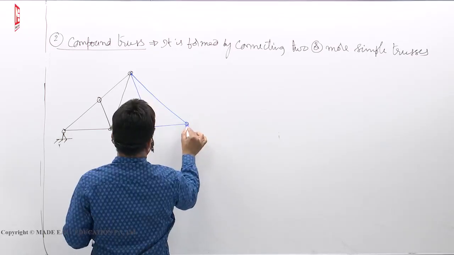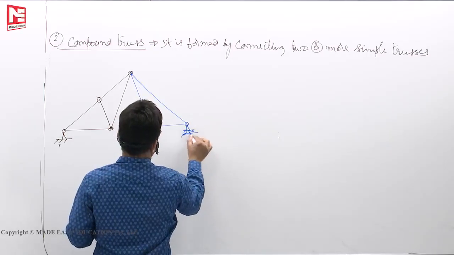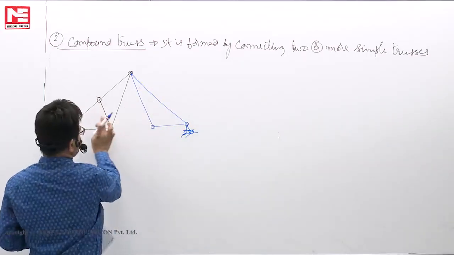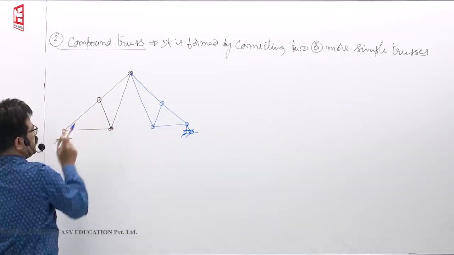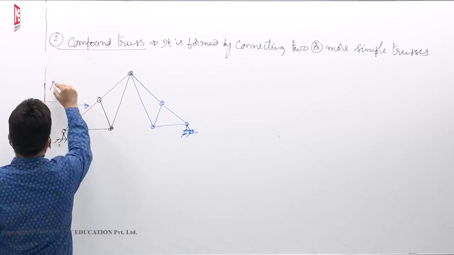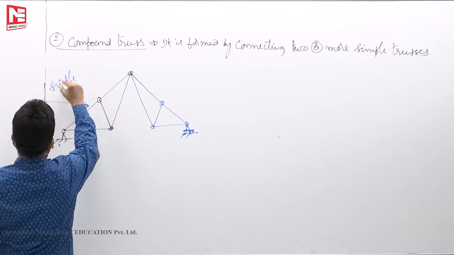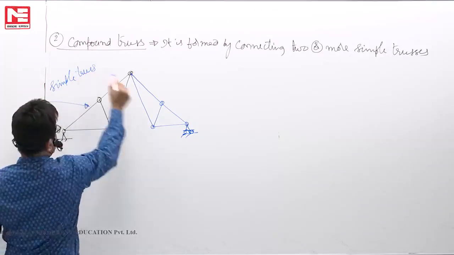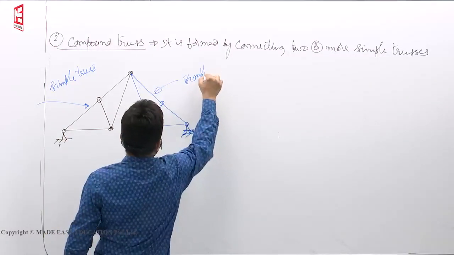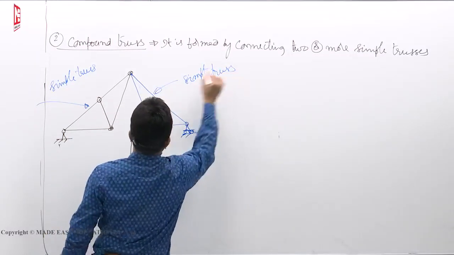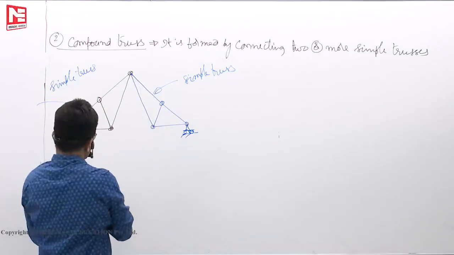Okay. This is another truss, let us say. Another triangulation we formed, one like this. Black color one is a simple truss. Blue color one is a simple truss, because they are connected. They are made up of triangles.